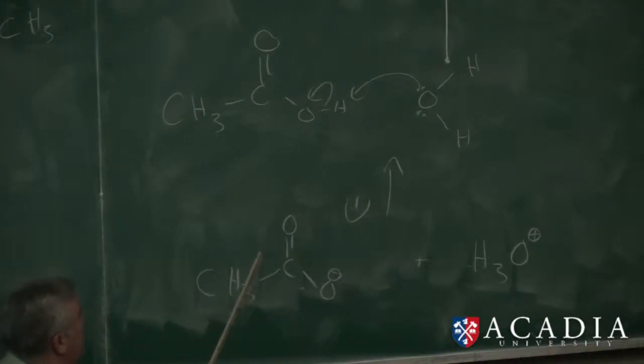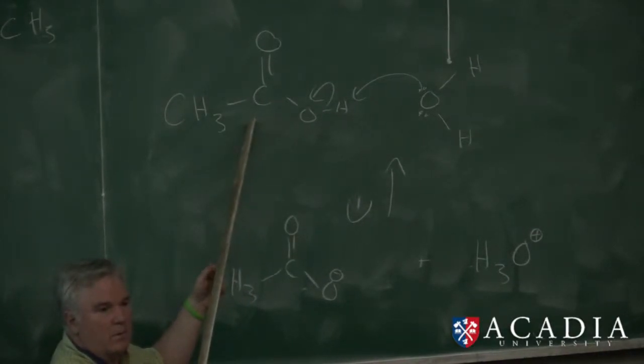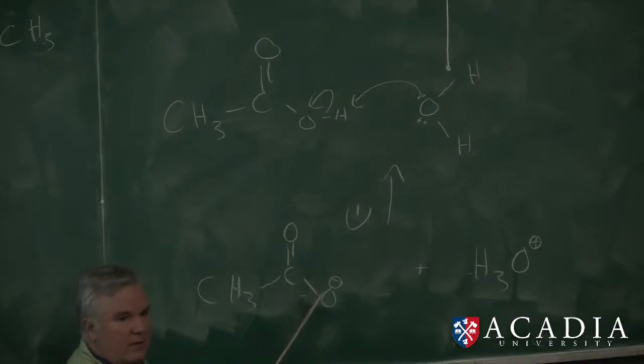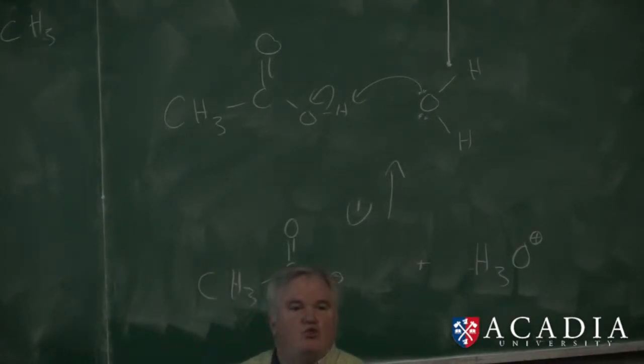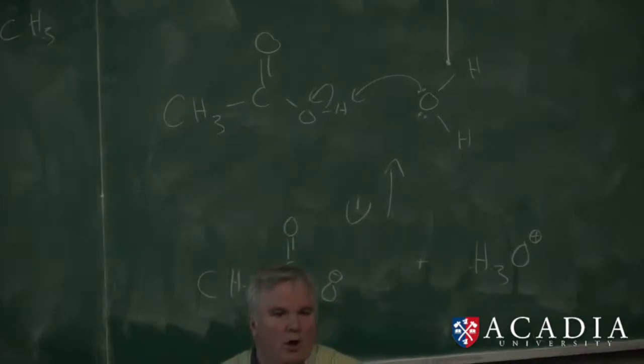Most of the acetic acid would exist in this form. Only a small amount of it would actually get ionized because they're weak acids. Carboxylic acids are weak acids.